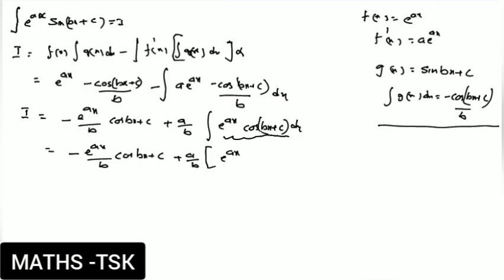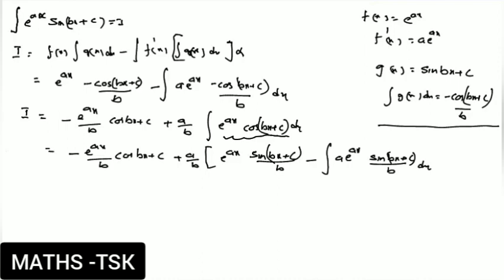Integration of cos of bx plus c is sin of bx plus c by b. Okay, right, minus integration of f dash of x is a e power ax, and then integration of this is sin of bx plus c by b into dx.